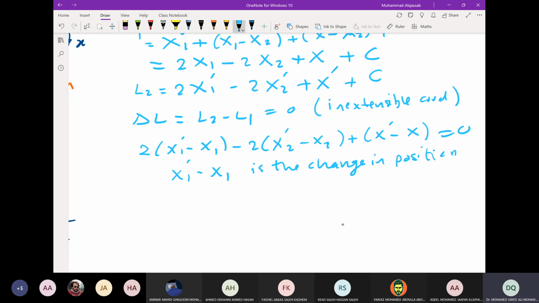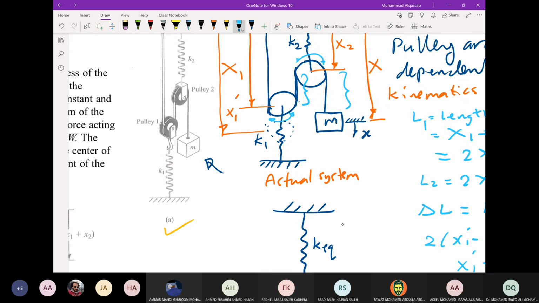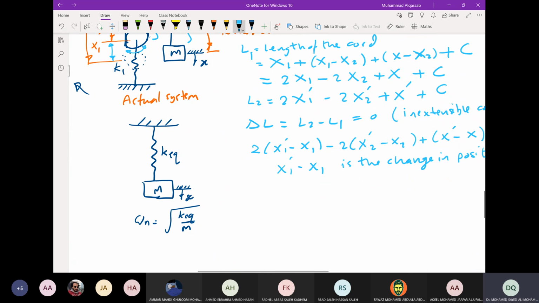Okay, it is not the position, it is the change in position, because you will take this part. This is the change in position. The same thing for x2. Similarly for x2 prime minus x2 and x prime minus x.